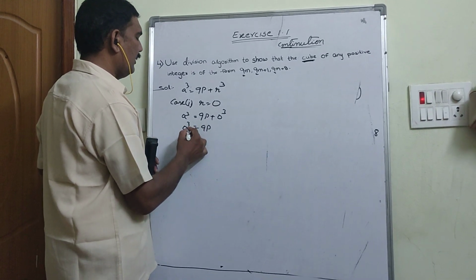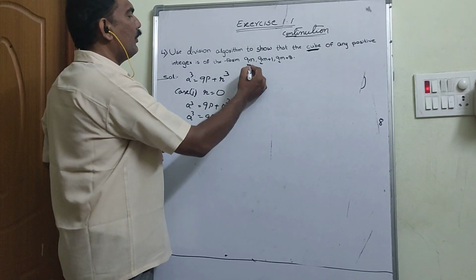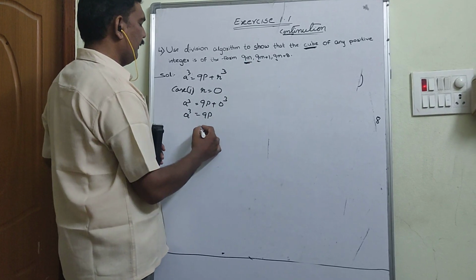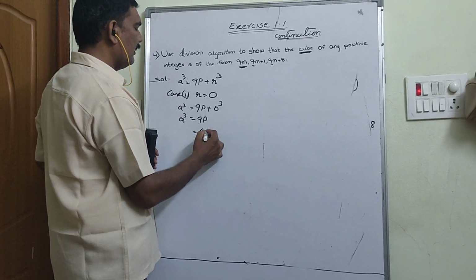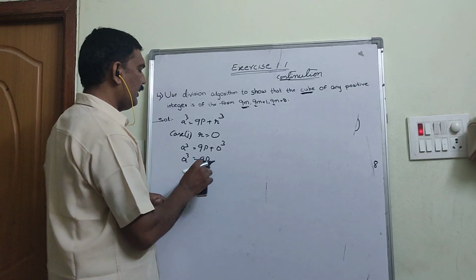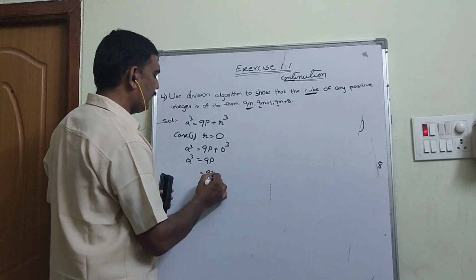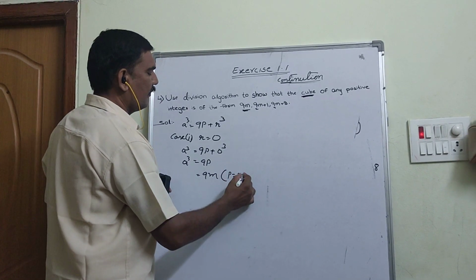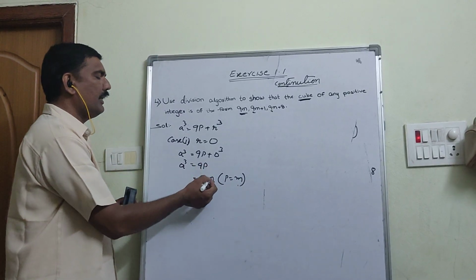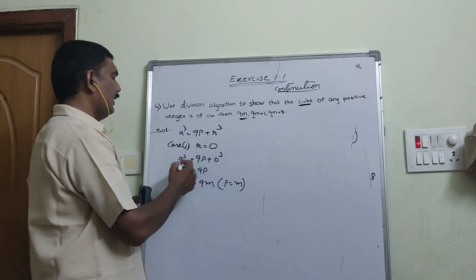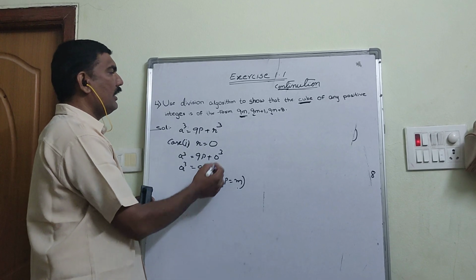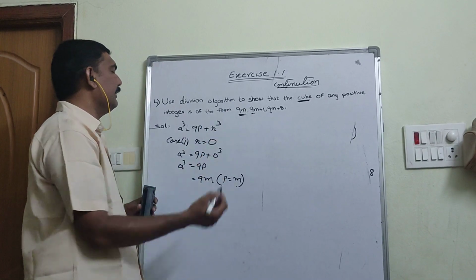In the problem they gave 9m. I assumed that p is equal to m, means in place of p I replaced m. That is 9m. So cube of natural number, you got in the form of 9m.